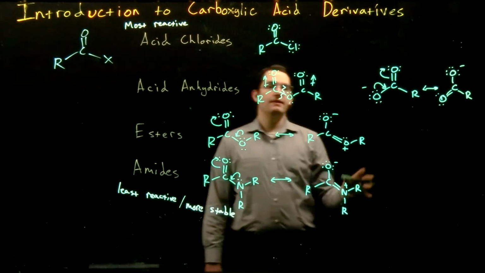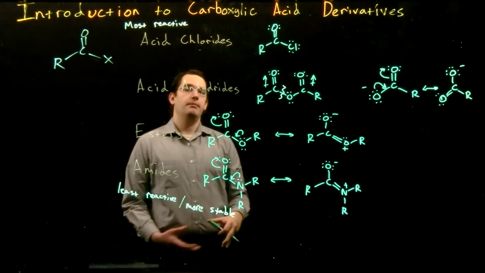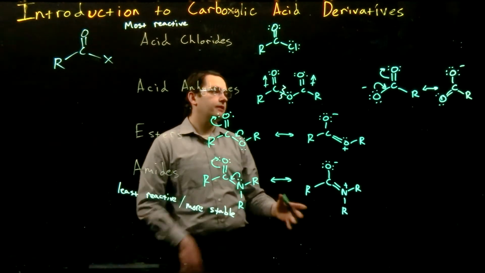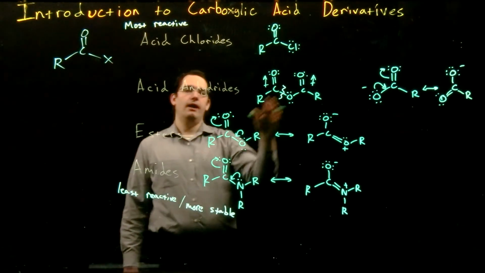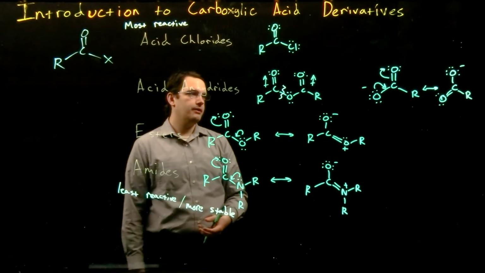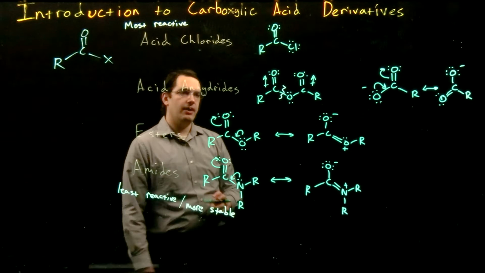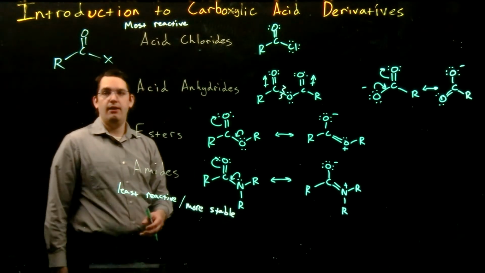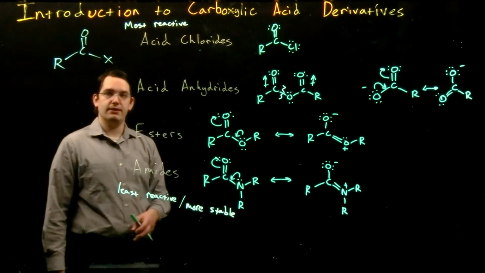Again, of course, resonance stabilization of our product means that we're going to be more likely to react to create that more stable product, and so our original reactant then becomes less stable and more reactive. So our acid anhydrides tend to be quite reactive compared to our esters and our amides.